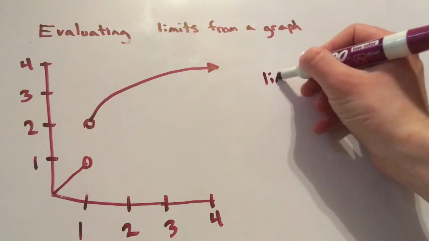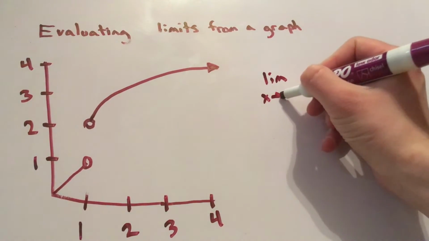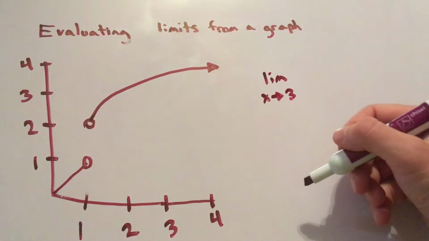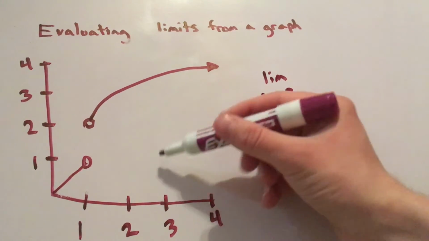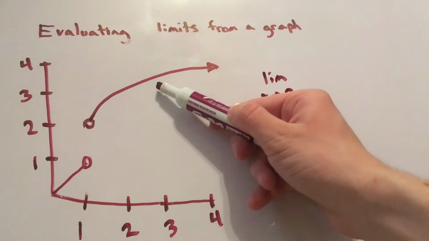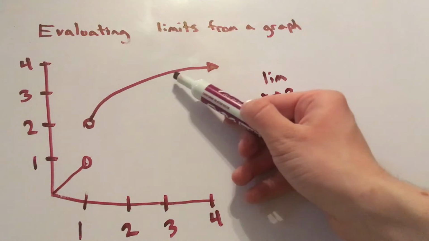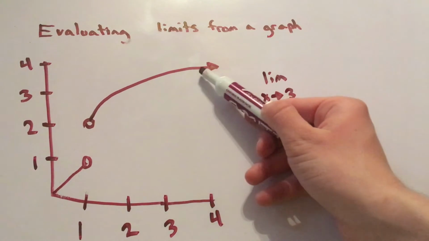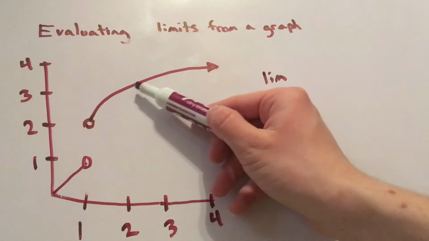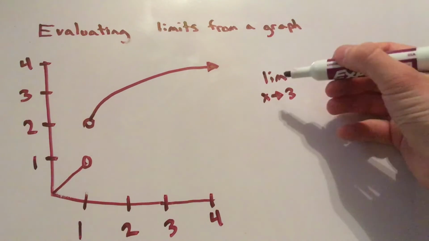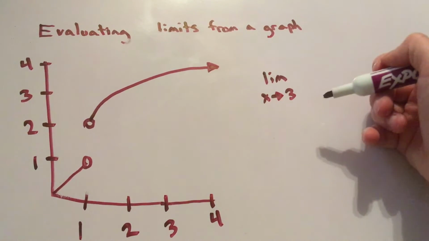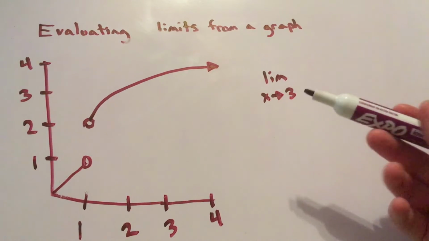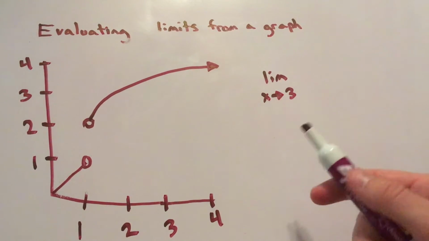So we'll do limit as x approaches 3. At x equals 3, the function is continuous. We can draw without lifting our marker off the paper, so we don't have to check the left side and the right side for this particular problem because they're both going to be the same.